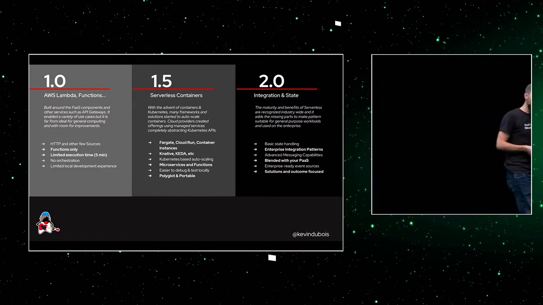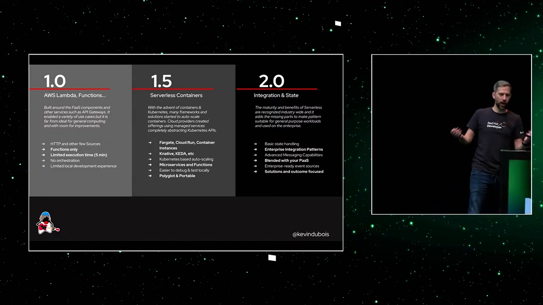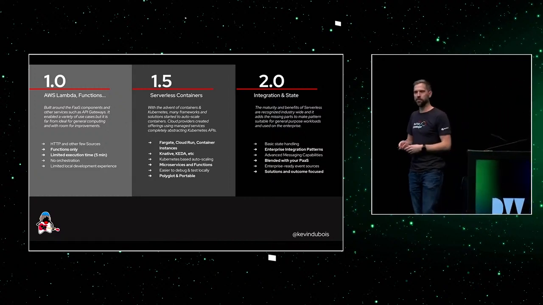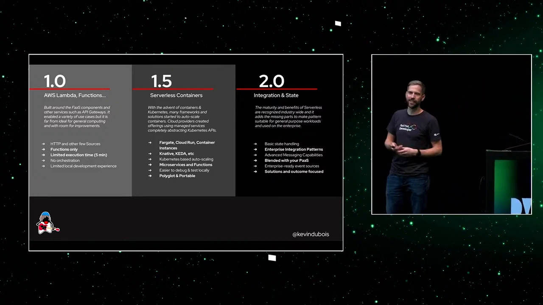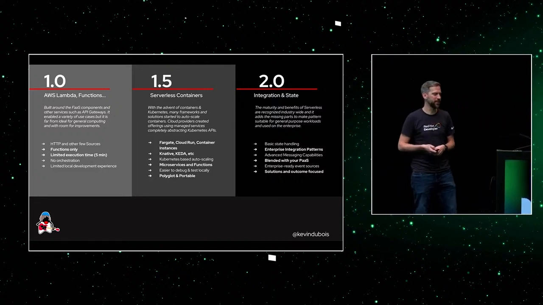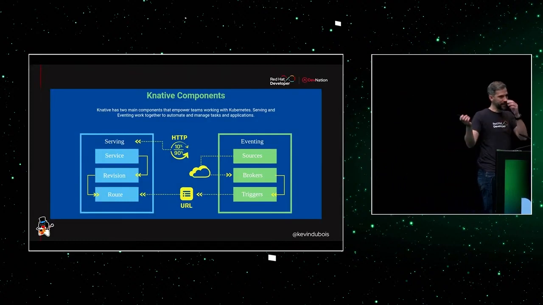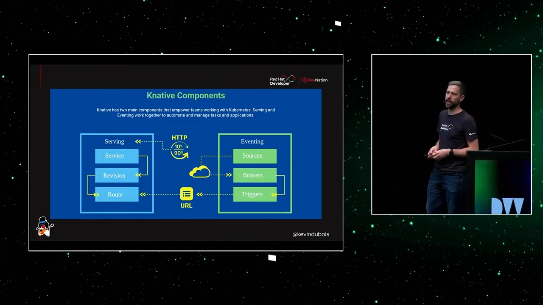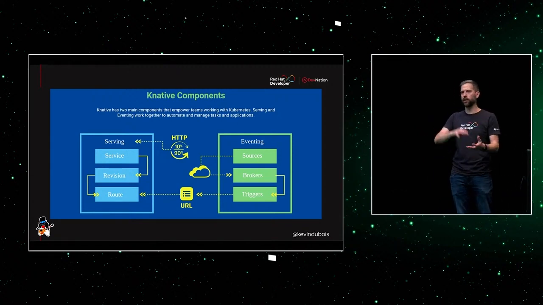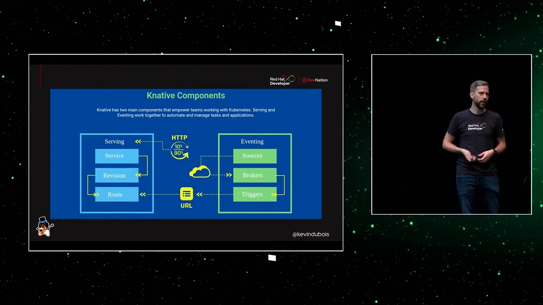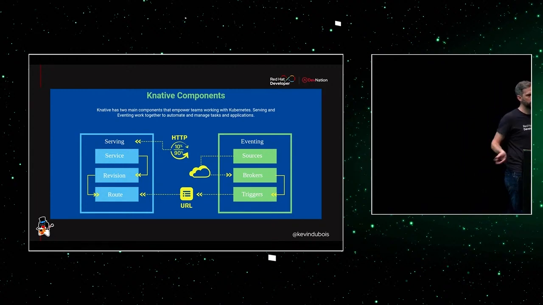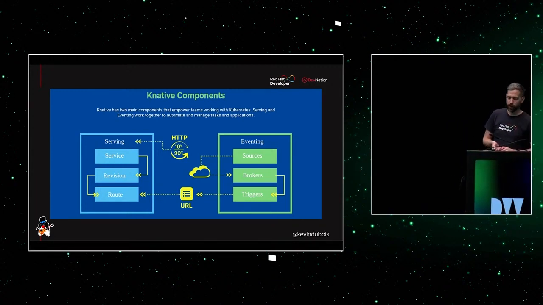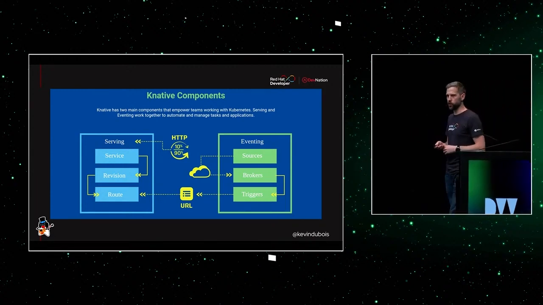But again, cloud providers are smart, right? They like to keep you as a customer, so they're going to create specific services for you. But Knative can do it too. Knative actually has two components. On the one hand, the serving component that handles the auto-scaling from 0 to whatever, the easy way of deploying. But it has an eventing component too.